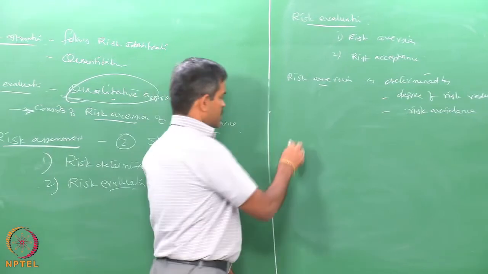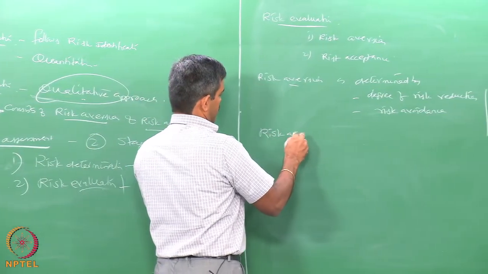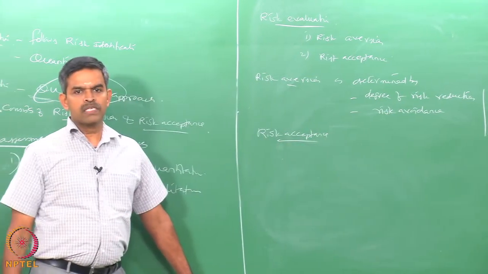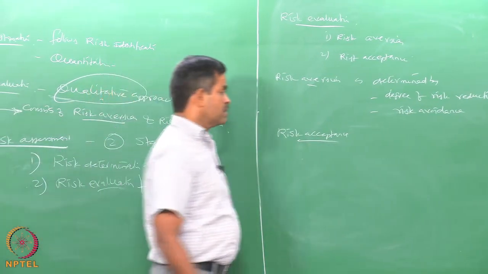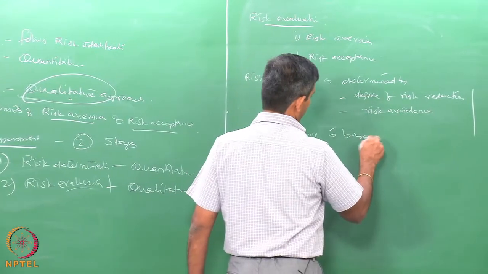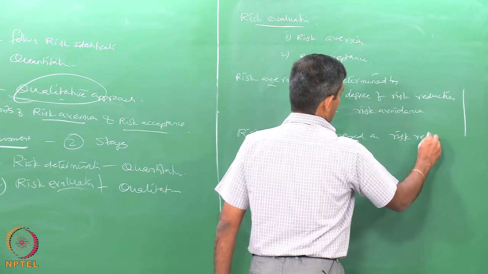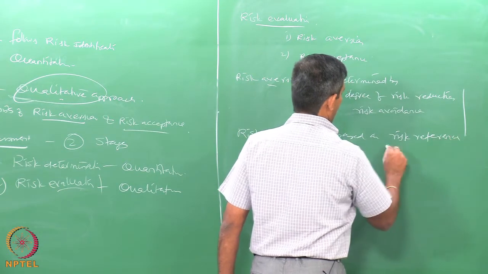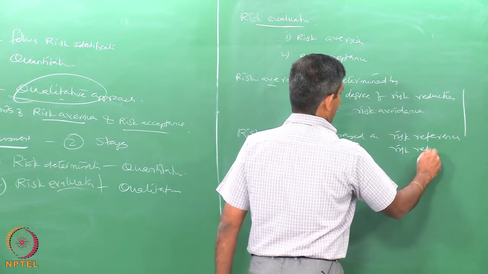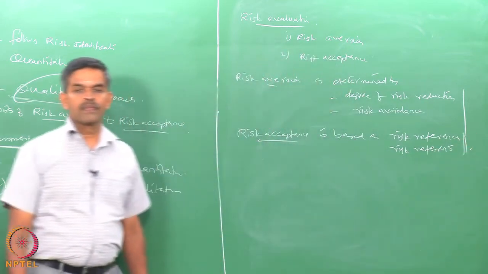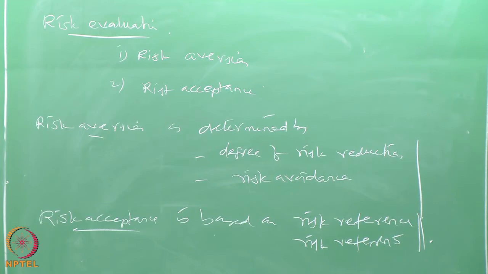Whereas, risk acceptance is based on risk references. What are risk references?